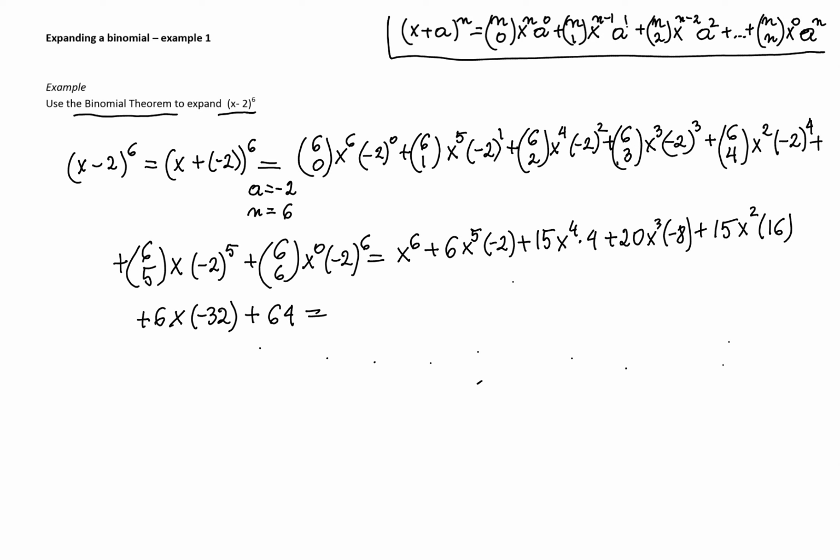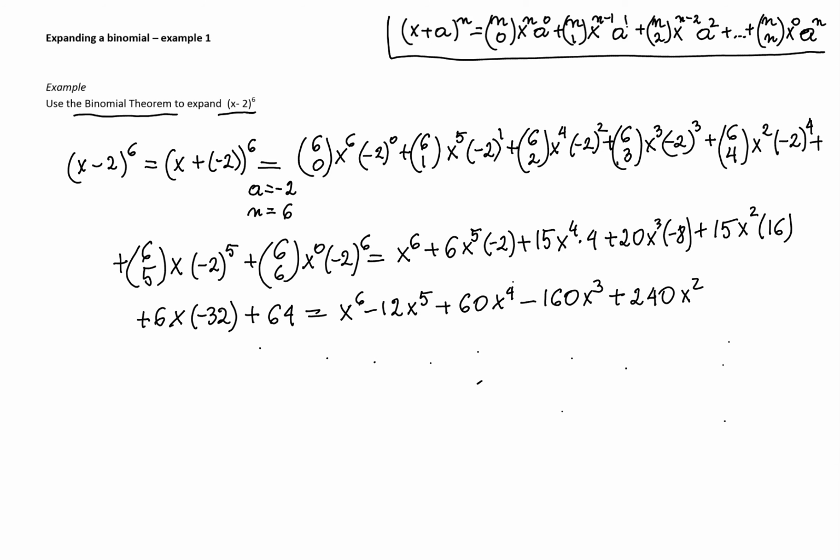So let's multiply just the numbers, and you'll have x to the 6. 6 times negative 2 is negative 12, x to the 5th. Then we'll have 15 times 4, which will give us 60, x to the 4th. 20 times negative 8 will be negative 160, x cubed. 15 times 16 is 240, x squared.